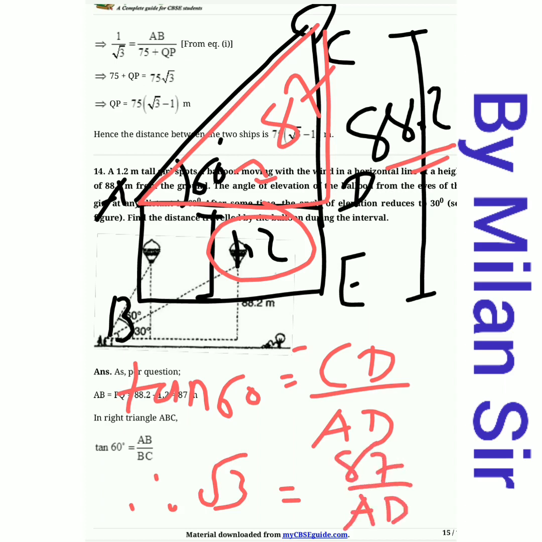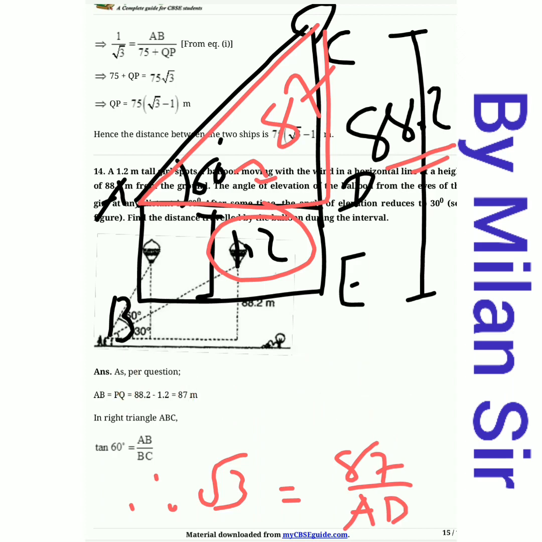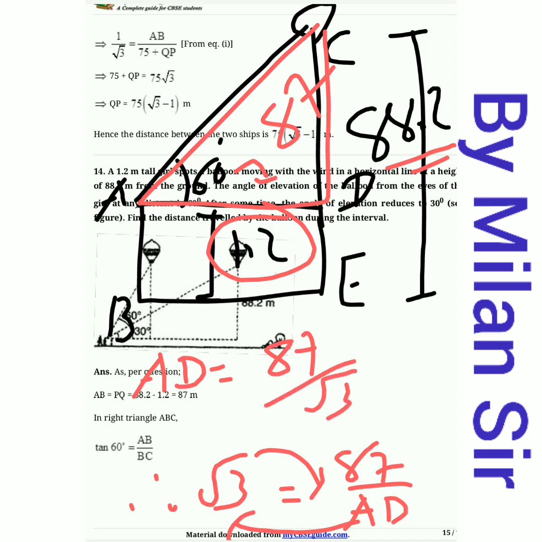For finding out AD, transfer AD to the left hand side, under root 3 to the right hand side. So AD goes to the numerator, here 87, and under root 3 goes to the denominator. So AD is equal to 87 upon under root 3 meter.